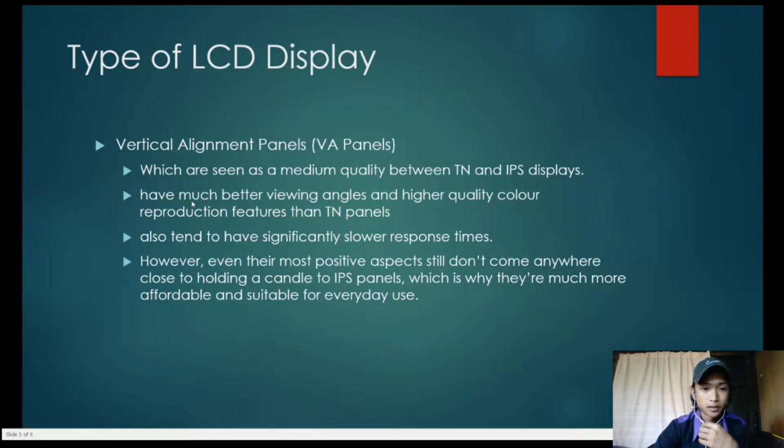They have much better viewing angles and higher quality color reproduction features than TN panels, but also tend to have significantly slower response times. However, even their most positive aspects still don't come anywhere close to holding a candle to IPS panels, which is why they're much more affordable and suitable for everyday use.